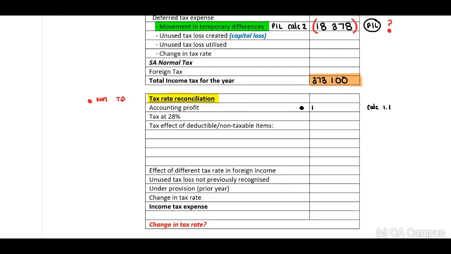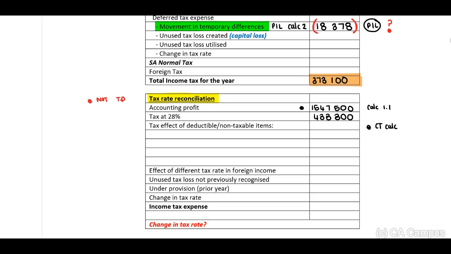And this is the amount of 1,547,500 times 28%, and this will be 4,333,300. Now, for your reconciling items in your tax rate recon, you can use your current tax calculation as your guideline.